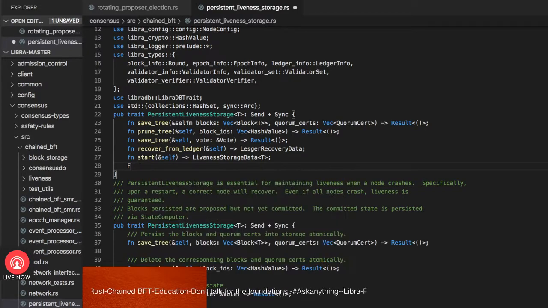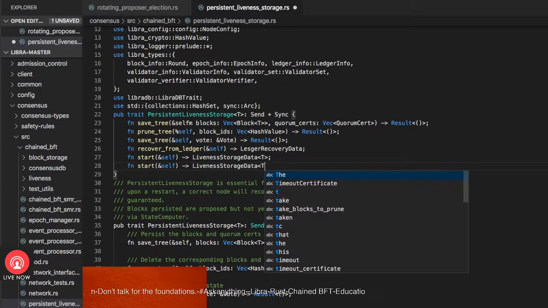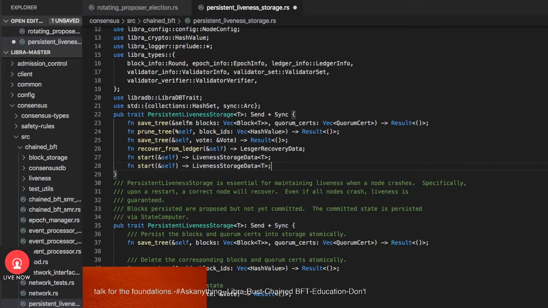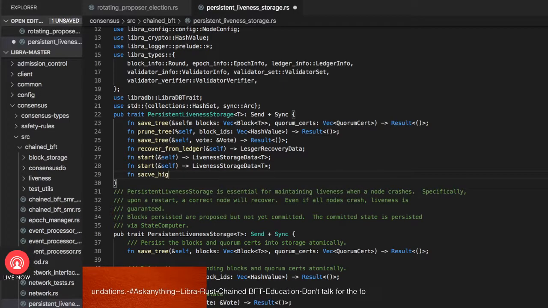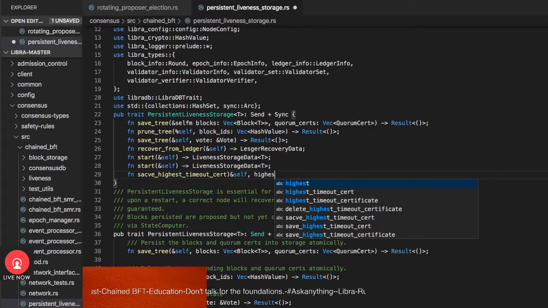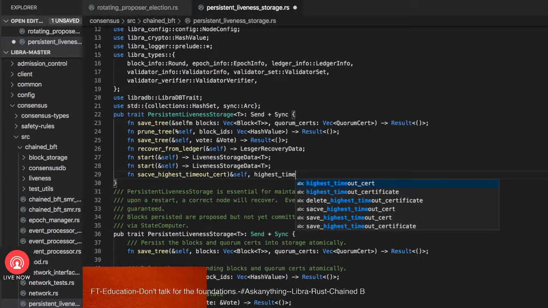So for starting this liveness storage, and finally, you need to make this membership thing, membership team. So you need the timeout cert and the self of the highest timeout cert.